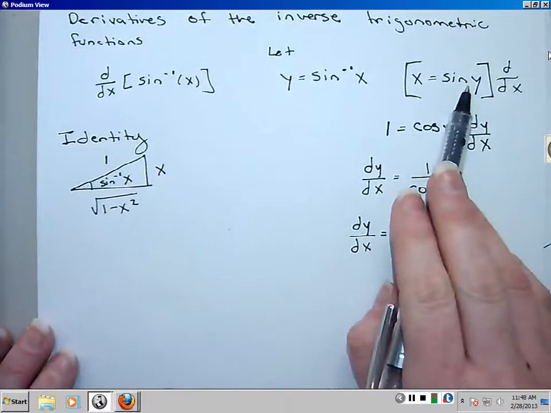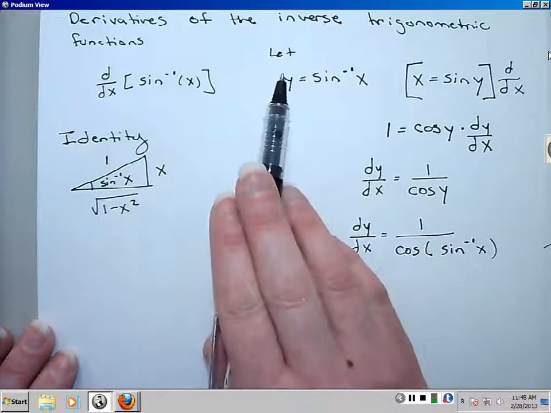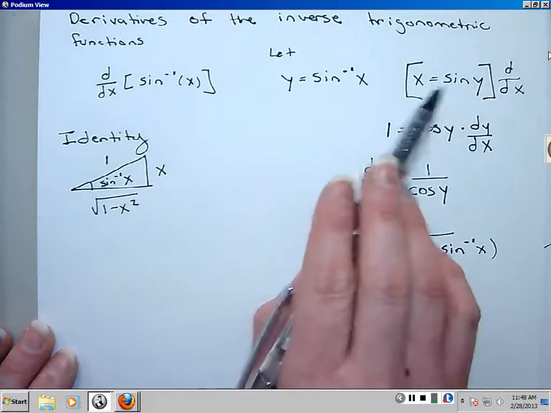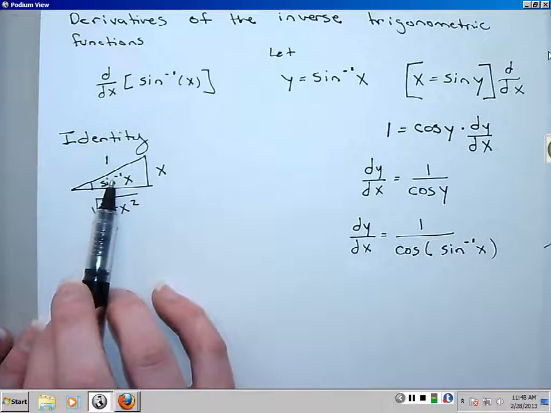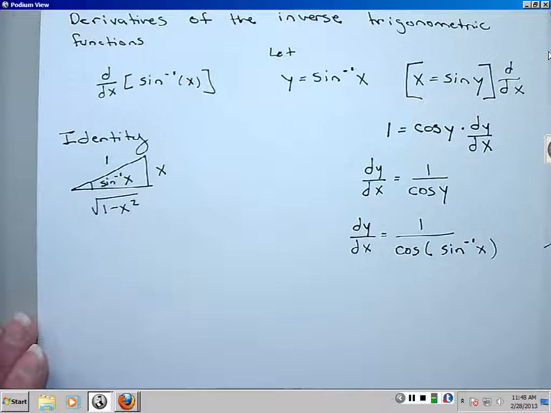If I have this relationship sine inverse of x equals y, sine of this angle is x over 1, because sine inverse of sine cancels out, you get x. And so then I can find the missing piece by using Pythagorean's theorem. So I get this relationship. You guys see where that comes from? Because sine of this angle has to be x, so this has to be x over 1.